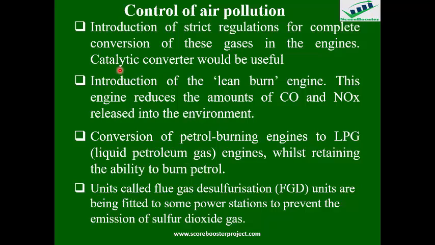So installing a catalytic converter around the exhaust is going to convert the CO, the carbon monoxide, into carbon dioxide. And getting to the atmosphere, it won't cause any respiratory problem to organisms when they inhale it.